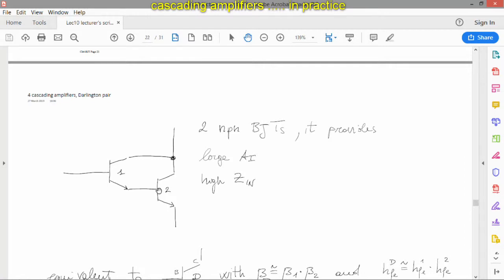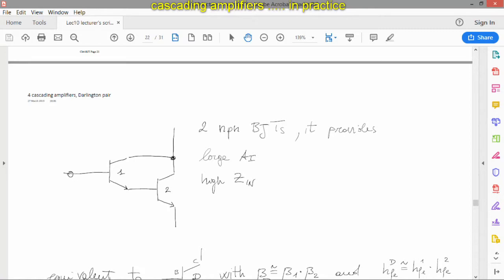If we remember that between the base current and the collector current there is an amplification factor that we called beta in DC mode, or hFE in AC mode, both of the order of 100. If this was the IB entering the first stage, the current in the collector and in the emitter of stage one will be 100 times bigger than IB.